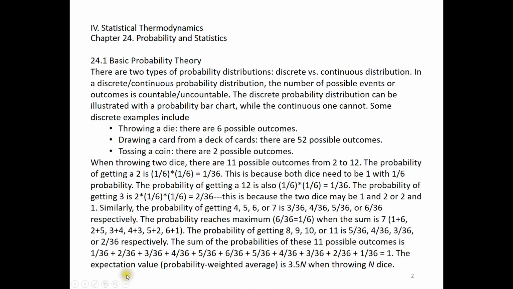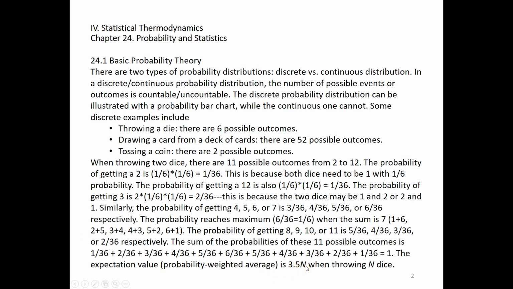Now let's look at the expectation value of throwing just 1 die. It's 3.5, because you may get 1 or 2 or 3 or 4 or 5 or 6. You take the average, 3.5. What if you threw 10 dice? The sum is going to be 35 plus minus some deviation.